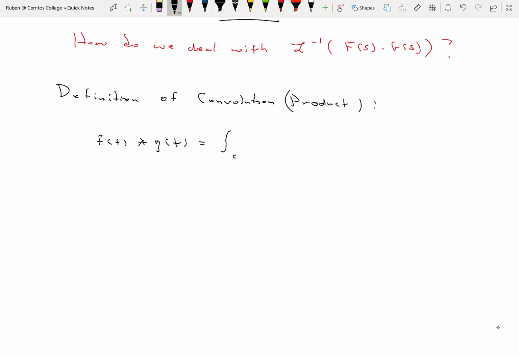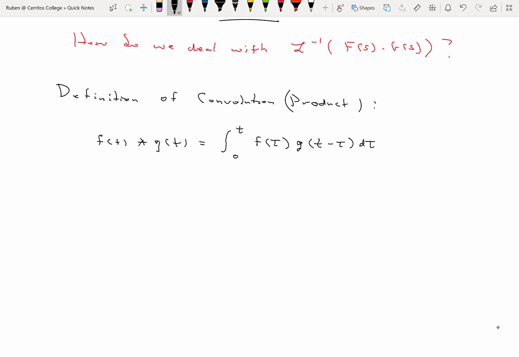It's the integral from 0 to t of the first function F evaluated at the Greek letter tau. This is not a t, this is a tau, same tau that's used often in physics to represent torque. F of tau times, this is regular multiplication, G of t minus tau, and the integration is taking place with respect to tau.